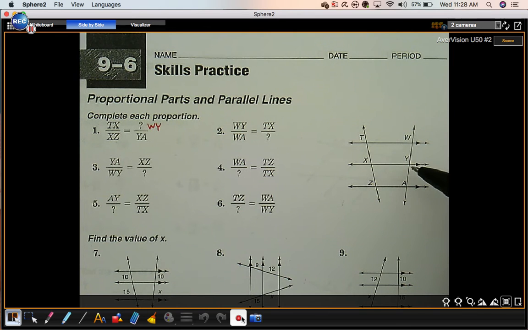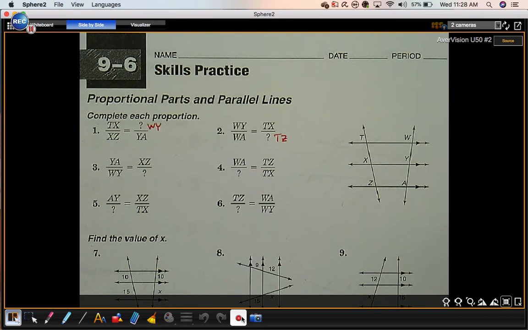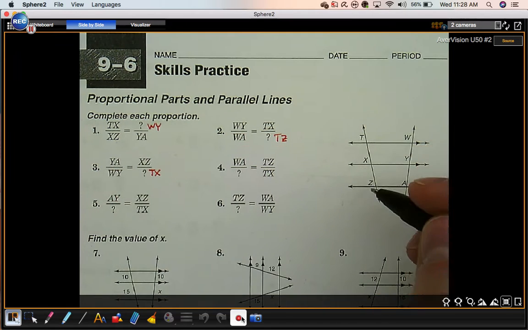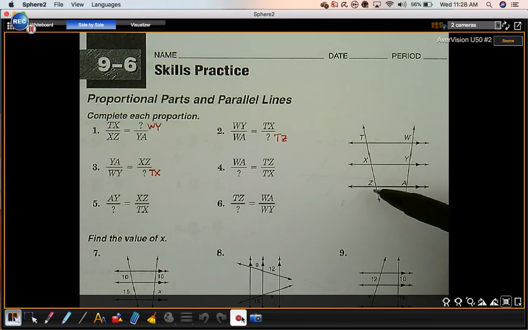Segment WY over segment WA is the same thing as segment TX to segment TZ. Number 3, segment YA to segment WY is the same thing as segment XZ to segment TX. This is number 4. Segment TZ compared to segment TX would be the same thing as segment WA compared to segment WY.